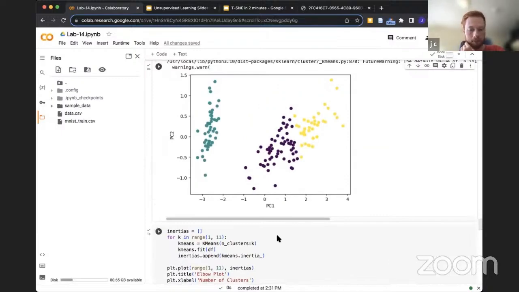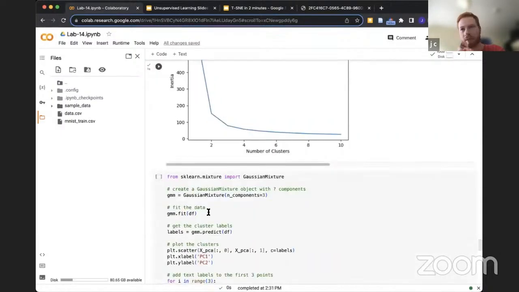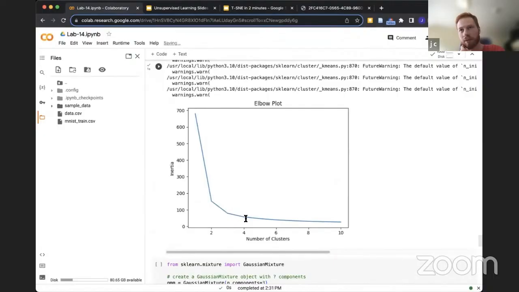And even the elbow plot is always somewhere between 2, 3, or 4. I would say they're all valid answers. If you do not know the ground truth, none of them are obviously wrong. So this is a bit of the difficulty in unsupervised learning. To actually know which one is the true one is often very difficult to tell.